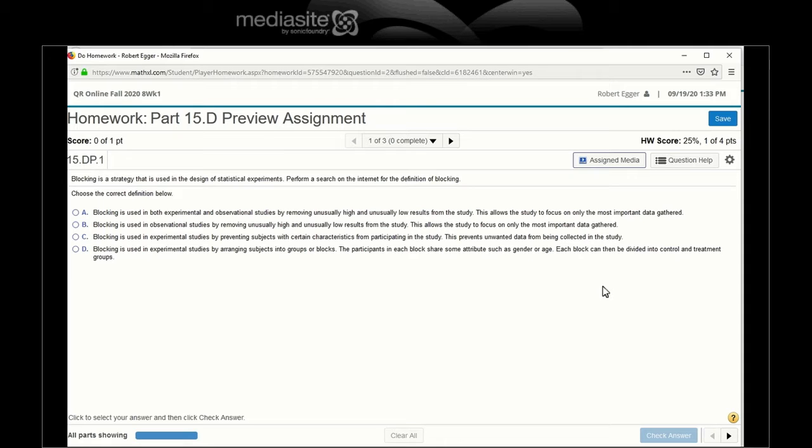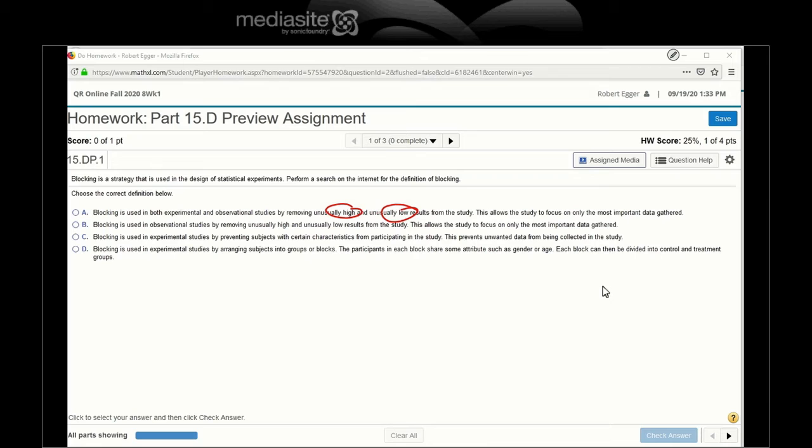This allows the study to focus on only the most important data gathered. It says removing high and low, like your outliers, that's not part of blocking.